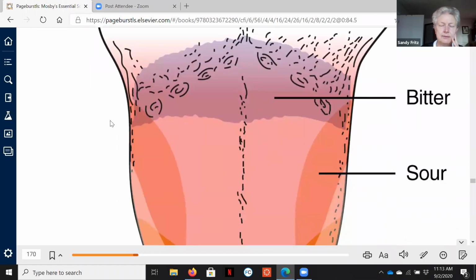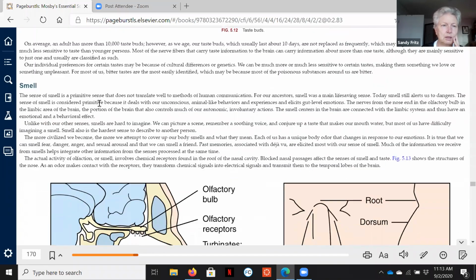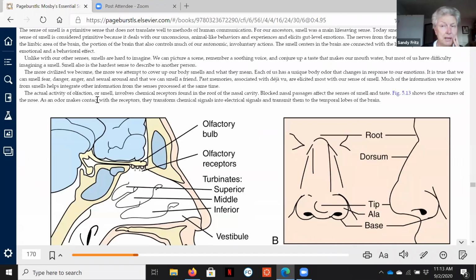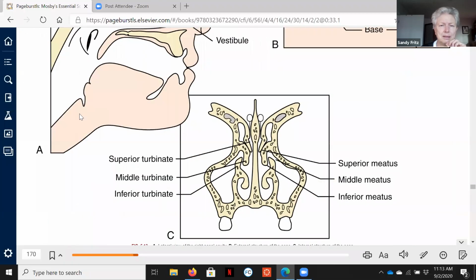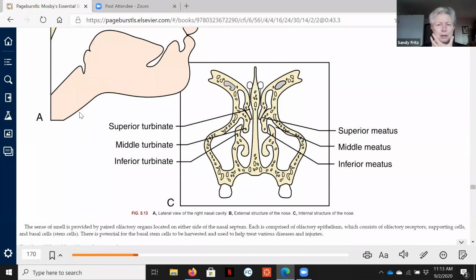And then our taste as well. And smell. Smell is a really primitive sense. It's pretty cool. The whole mechanism of breathing and bringing in chemicals that then trigger responses to sense.